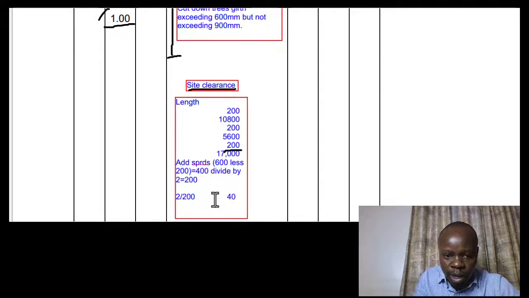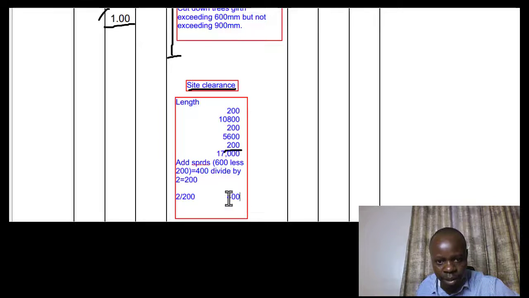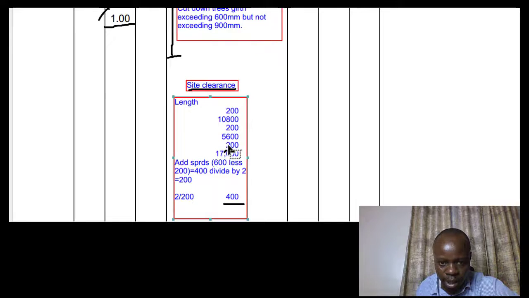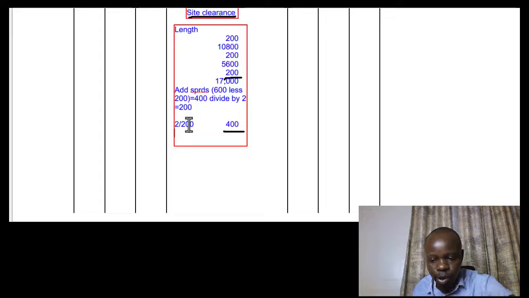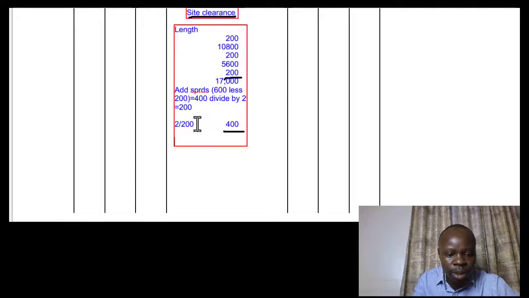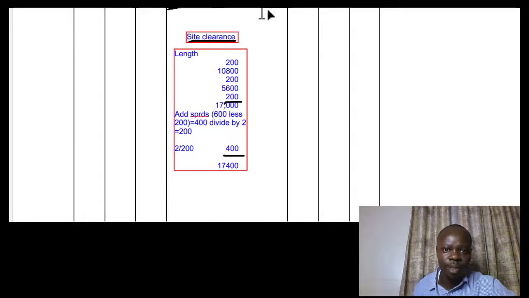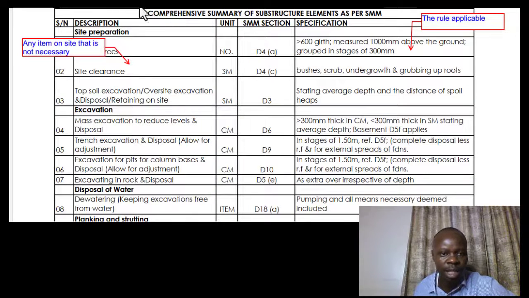So we are adding the spread of 400 to 17,000, and when we do that, just underline this properly. The total that you have is now 17,400 for your total length. That becomes the total length inclusive of when we have adjusted it for the spread.